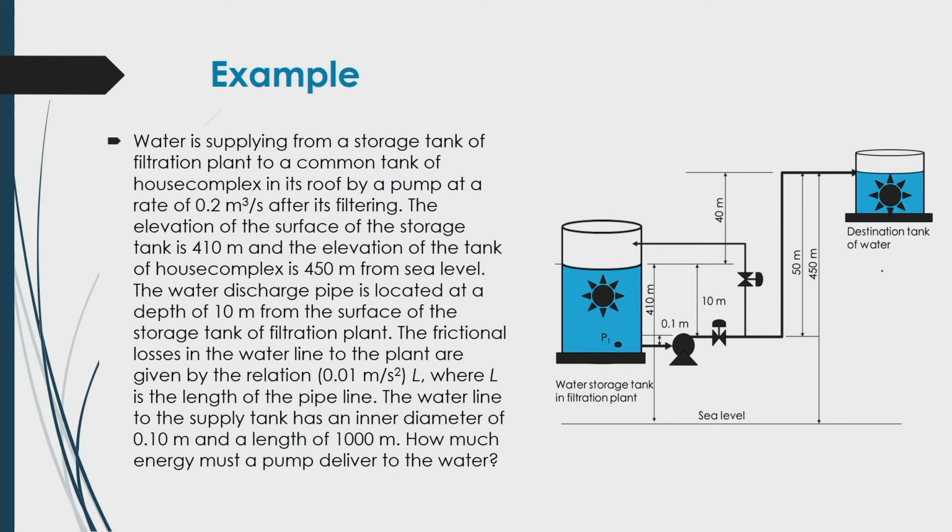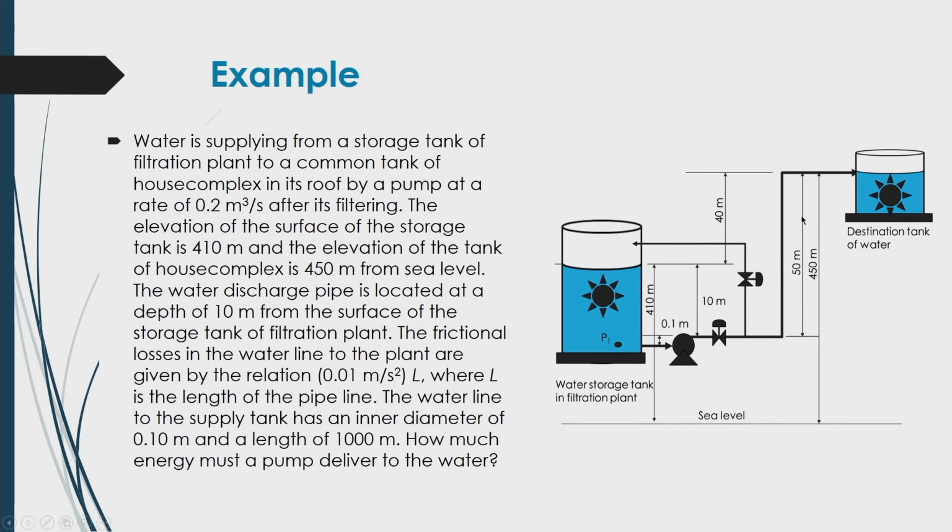Based on this level difference, the discharge line of the pipe is situated 50 meter below the destination tank, or you can say the storage tank water level is 40 meter below the destination tank of water in the house complex.